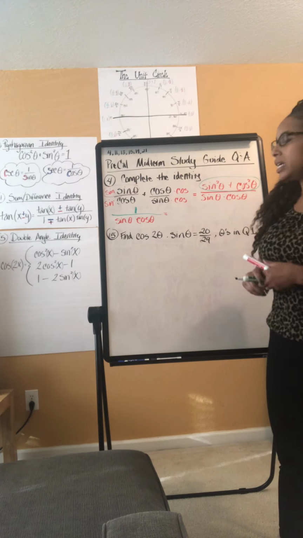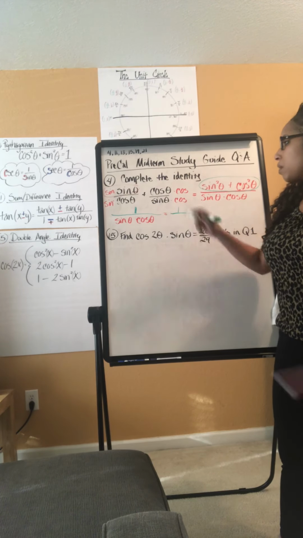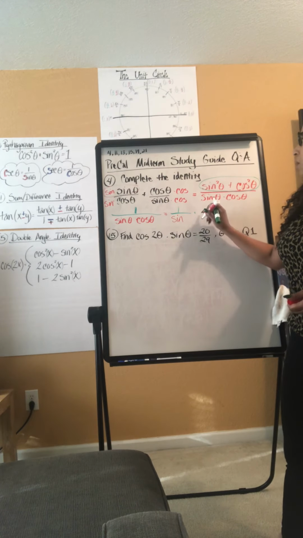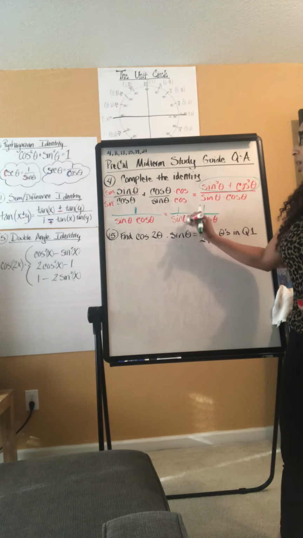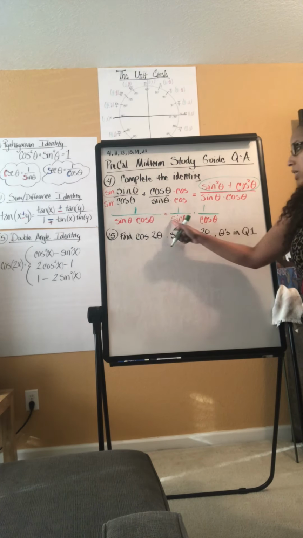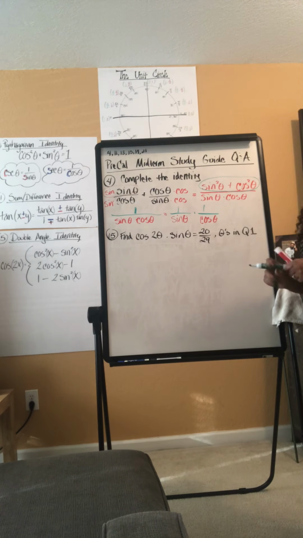So what they did is they split it up. They said this is equivalent to 1 over sine theta times 1 over cosine theta. Right, because 1 times 1 is 1, and the sine times cosine will give me the sine cosine that I had in the denominator. These are equivalent.